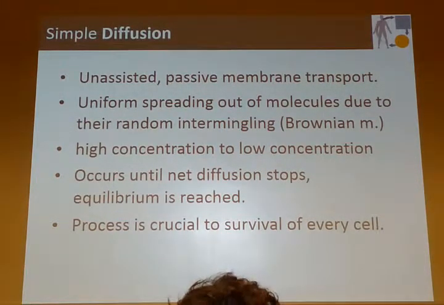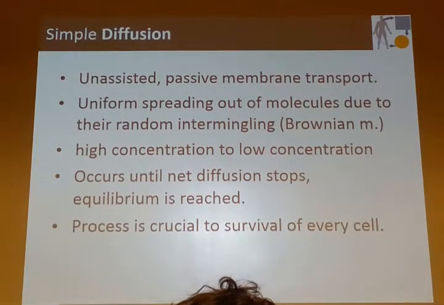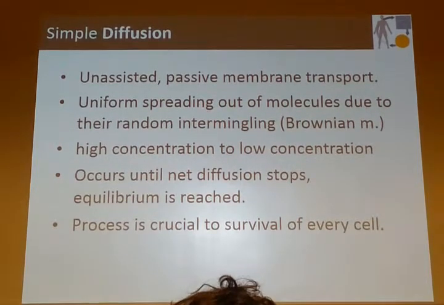They will hit each other when they're moving quickly because they're in high concentration, bouncing off each other, or you have a limited space for them to move in, so they're bouncing off whatever container they're in and each other.